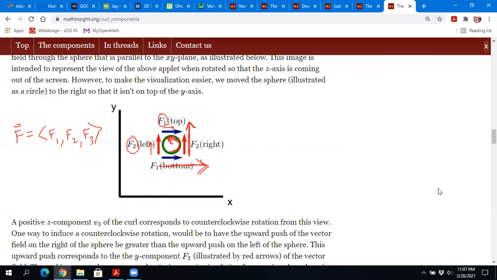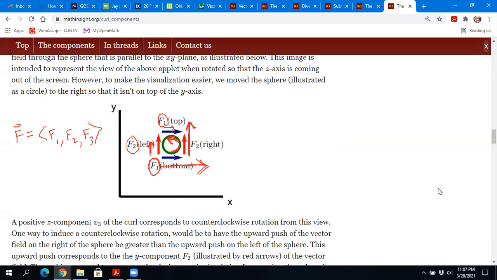Well, what that means is, as I move from left to right, so think about this, I want to have a smaller amount of force on the left here and a bigger amount of force on the right. As I move from left to right, that means that F1, which is the X coordinate function, right?